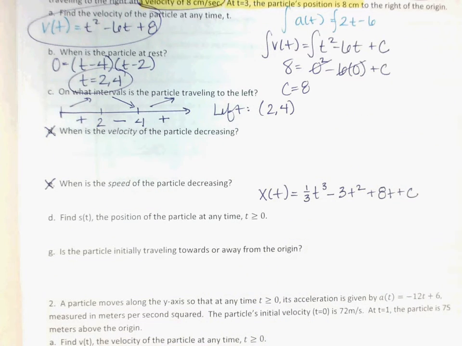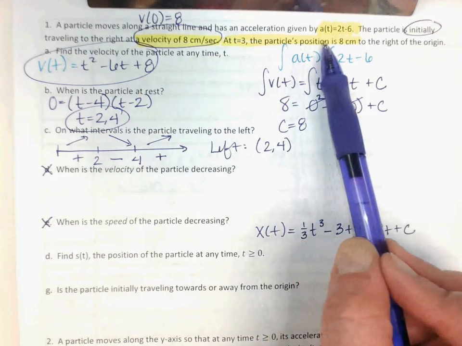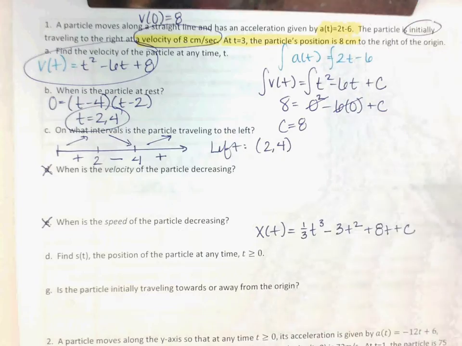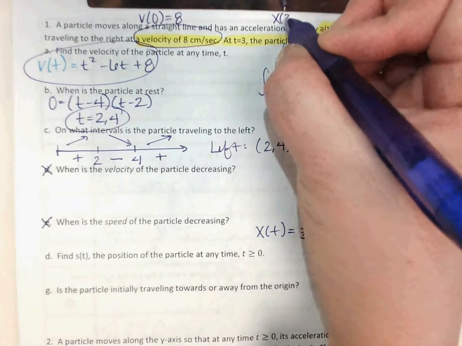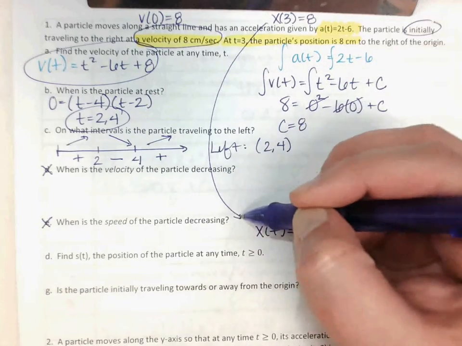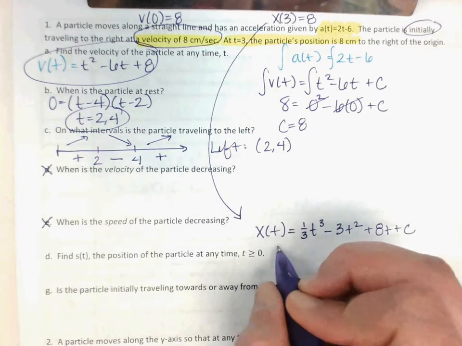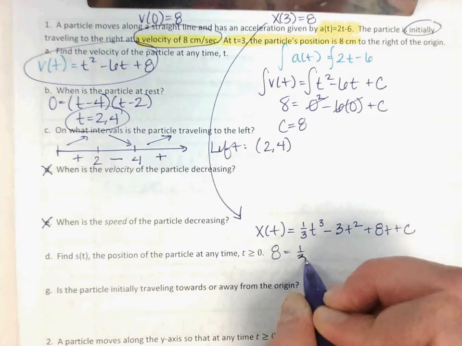Okay, and then I have to go back to my original to find an ordered pair that I can use to solve for the c. Okay, so what did they tell me for my position? At time 3, the position is 8. So that means that x of 3 is 8. That's what I'm going to use down there. That means 8 will be the answer when my time is 3. And I'll sub that in here.